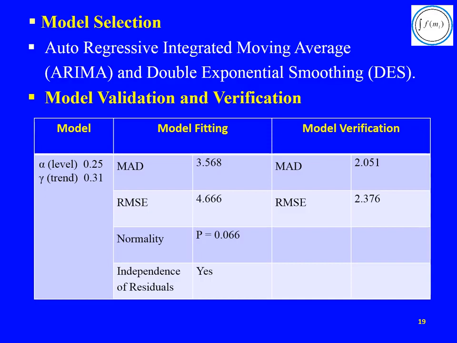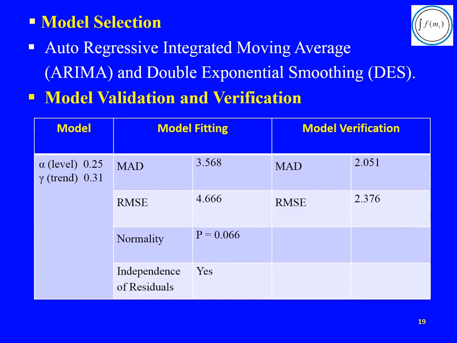Then, the model fitting part and the model verification part. The model was fitted because it satisfied the model validation criteria. After that I verified the model. You can see there are two measures of error: absolute deviation and root mean square error.